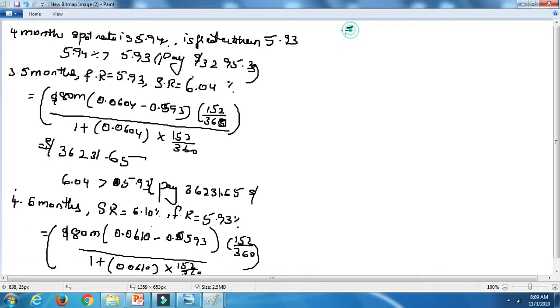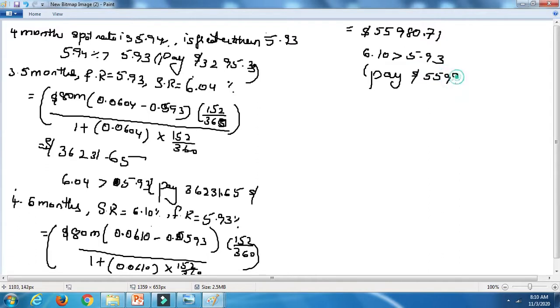If you calculate this, you will get $55,980.71. Here also, 6.10 is more than 5.93, so we will pay $55,980.71 by buying.